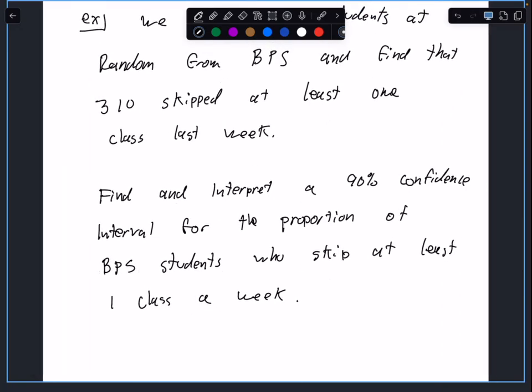This is the question that we're going to do. We're going to break it down into its 3 steps. Step 1, checking our conditions. Step 2, finding the interval because the conditions will pass. If the conditions don't pass, we can't go on to step 2 and 3. In the real world, that's actually one of the bigger problems in practice, that sometimes you can't move past step 1 because step 1 fails.